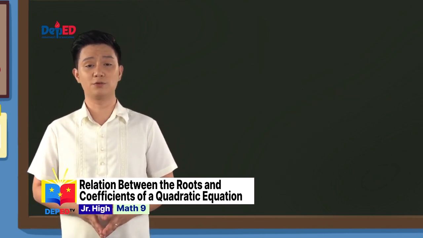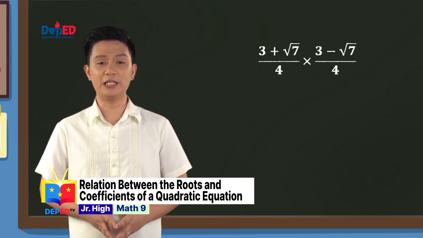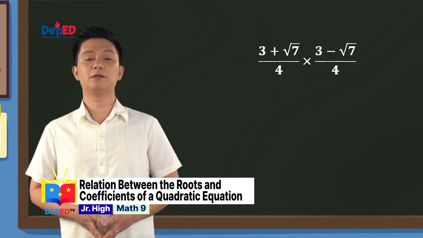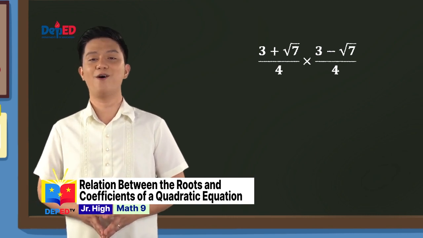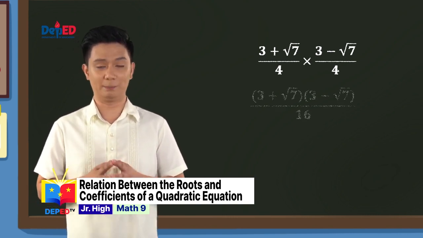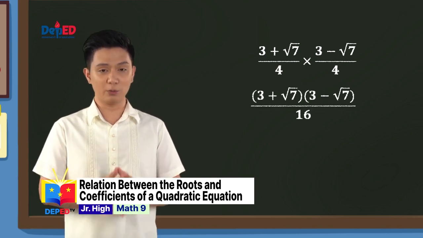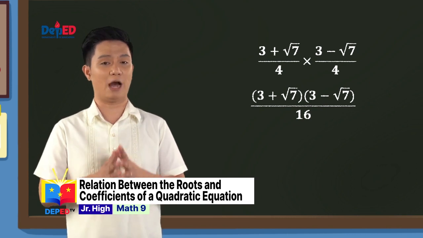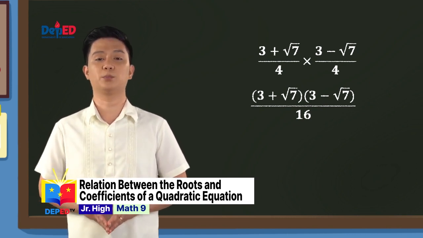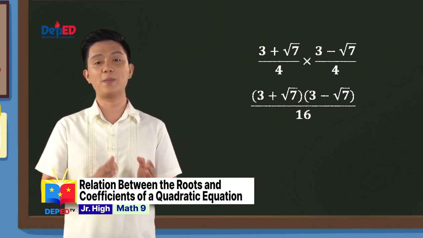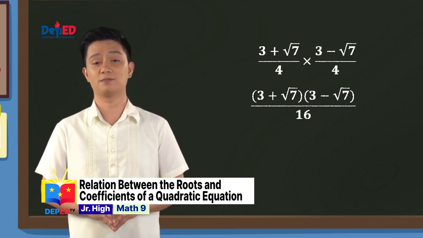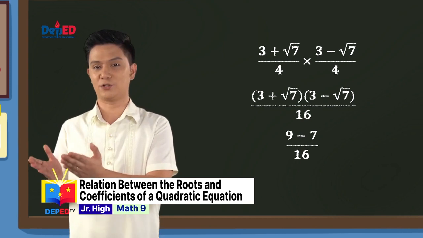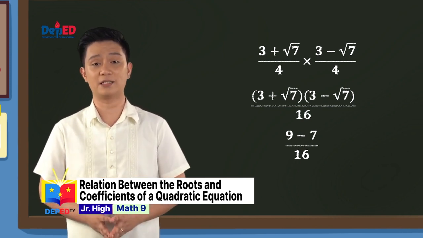For equation number 2, we have 3 plus the square root of 7 all over 4 multiplied by 3 minus the square root of 7 all over 4. We multiply the numerators, we also multiply the denominators. And in multiplying the numerators, we encounter again a case of special products, which is the sum and difference of two numbers. So, we multiply the first terms and then we multiply the last terms. 3 times 3 is 9.